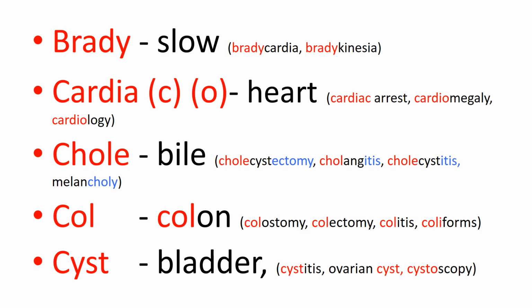So actually, when you pass feces, if the stools are dried, about a third of the dry weight of the stools is actually bacteria. So coliforms are the type of bacteria, E. coli for example, that are normally found in the colon. In the colon it's fine, but if they get into other places such as the bladder, they can cause infections such as cystitis if the bladder is infected. So coliforms are the type of bacteria from the colon.